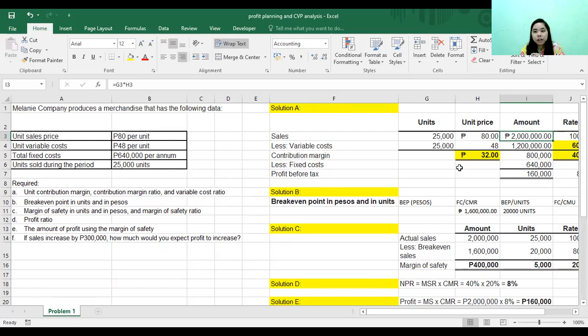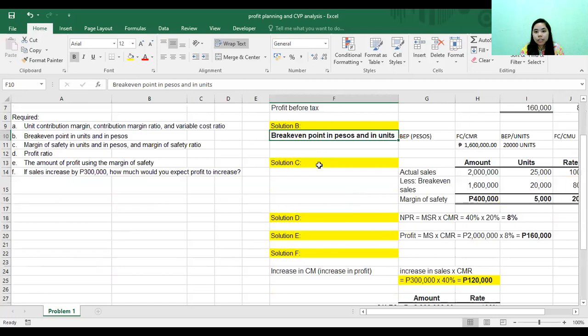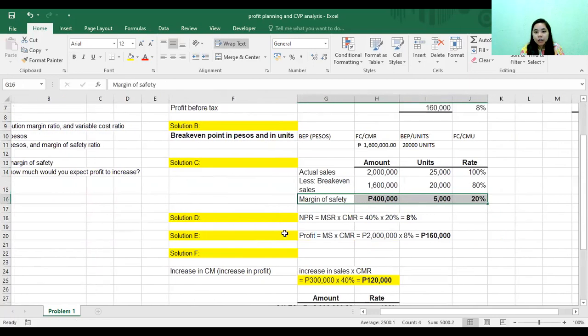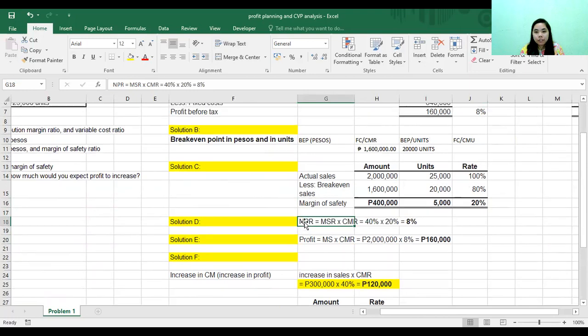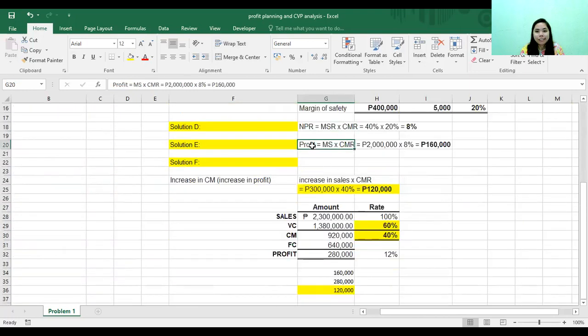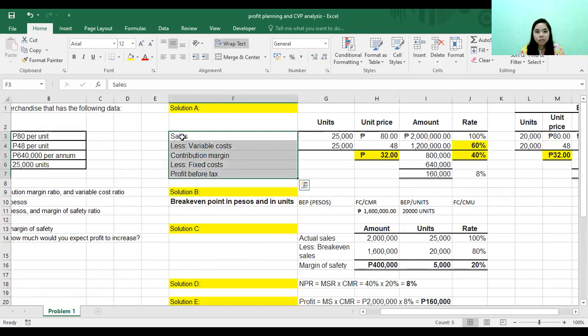But in here, all the foundation formulas are presented using the variable costing model: the break-even point formulas, the margin of safety, how to get the net profit ratio as a shortcut, and the increase in profit if there are changes in these variables, such as changes in sales, variable cost, CM, fixed cost, and profit. So that's it. I'm going to end my video here. Continue to read and study your module, and have a nice day.